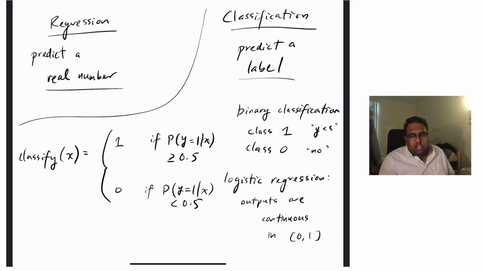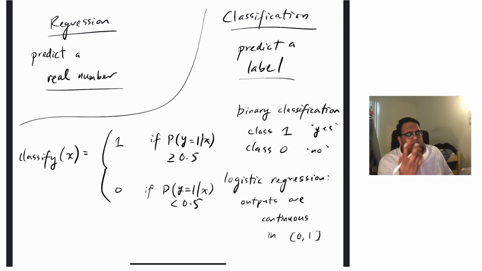So logistic regression on its own, again, the output of the sigmoid function, which is what we'll see later in this discussion, is some continuous number in the range 0 to 1. How we modify that to be a classification is we pair it with a threshold. We say if the output is above 0.5 or 0.7 or whatever, it belongs to class 1, but if it's below, it belongs to class 0.